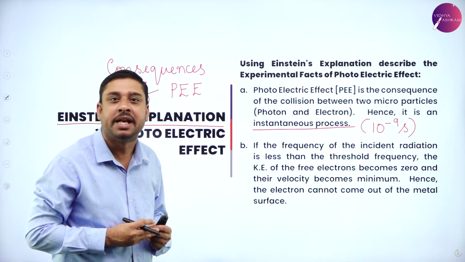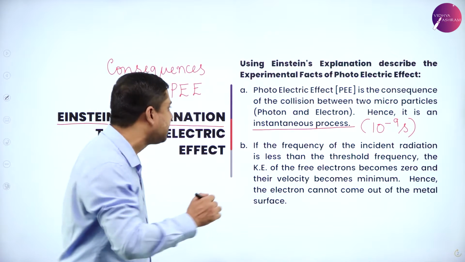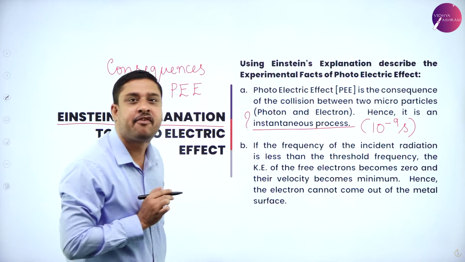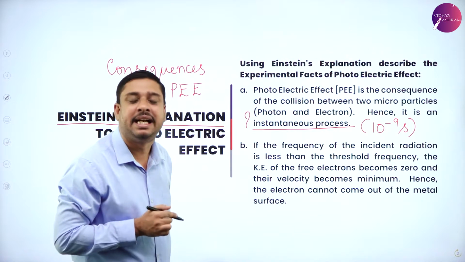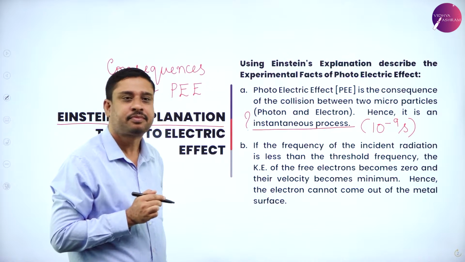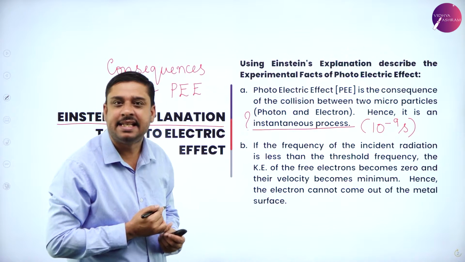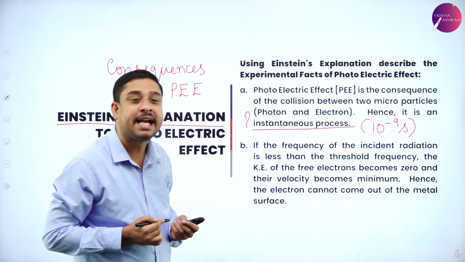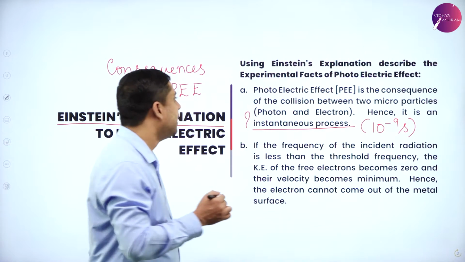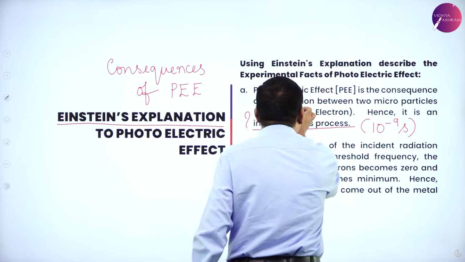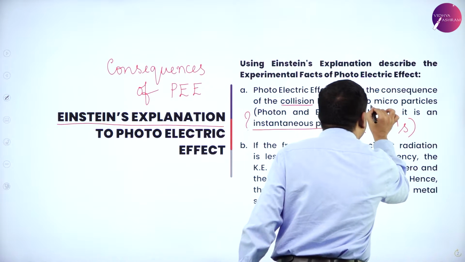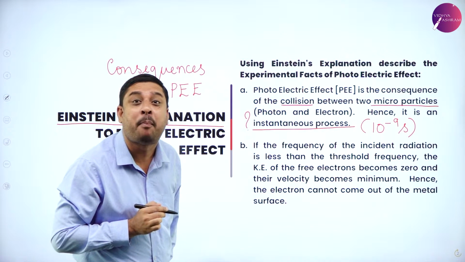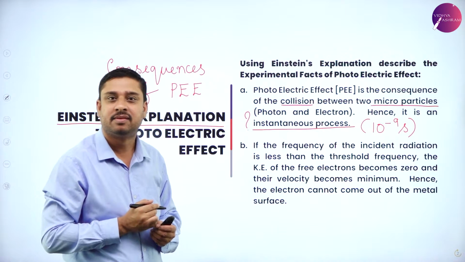So my question now is to understand why photoelectric effect is instantaneous. What Mr. Einstein says is, photoelectric effect is the result of collision between two microparticles.